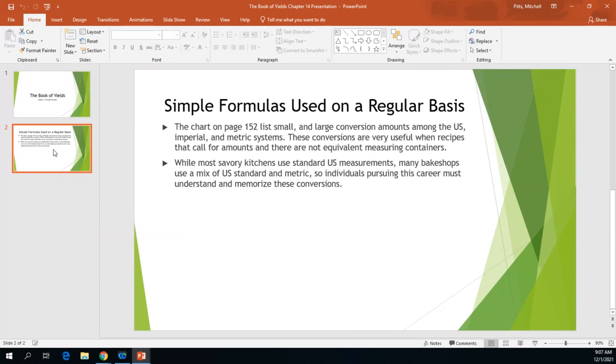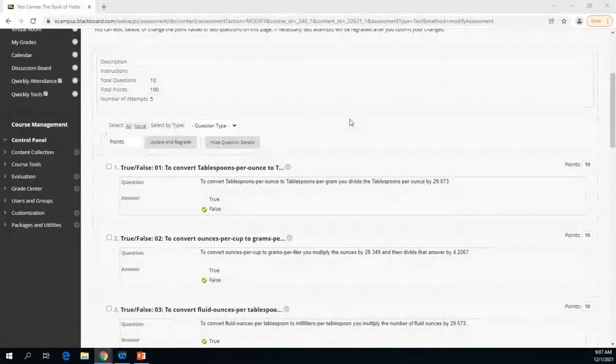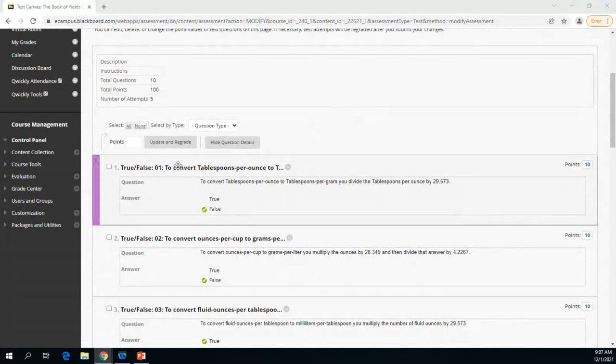So there are some basic simple formulas on page 152 to help you, like I said, convert US to metric and back, and vice versa. So if we're looking at our assignment, I'm just going to pull up the whiteboard now.